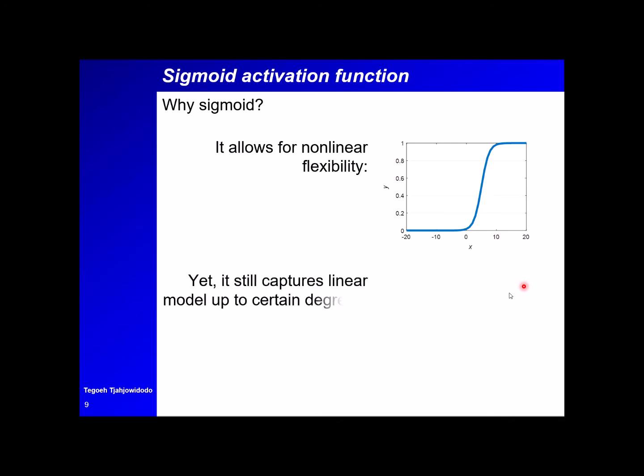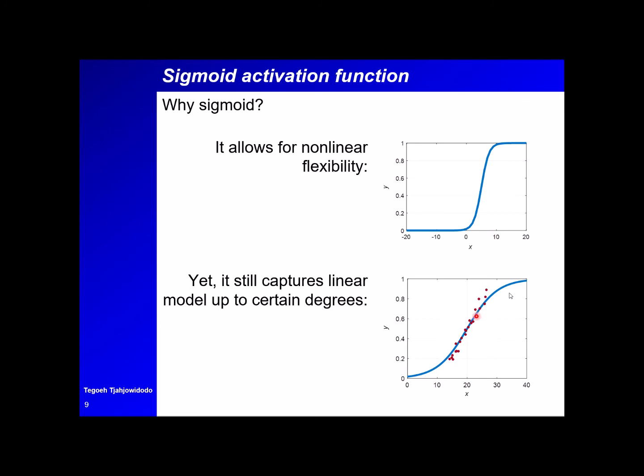But the other reason is, I choose sigmoid because up to certain degrees, it still can capture a linear model. If I have a pair of sample data which has a linear relationship between y and x, I can choose the parameters W1 and W naught in such a way that this data falls in the linear part of my sigmoid function.